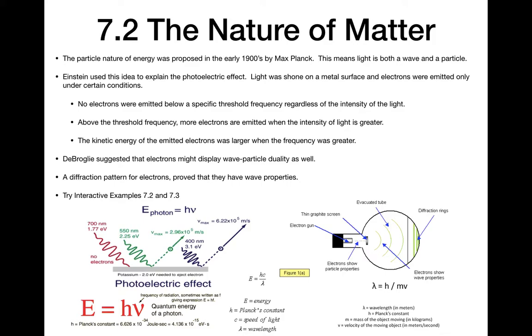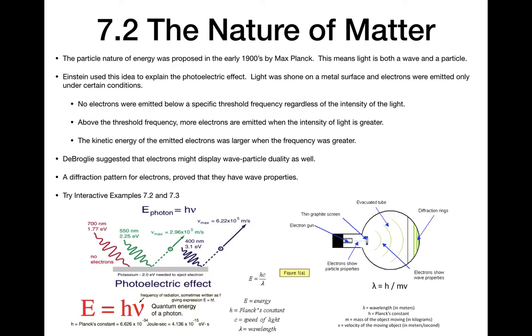It was found that if the frequency of the light was too low, in other words, it was below a certain threshold frequency, that no matter how bright the light or how highly intense the light was, no electrons would be emitted.